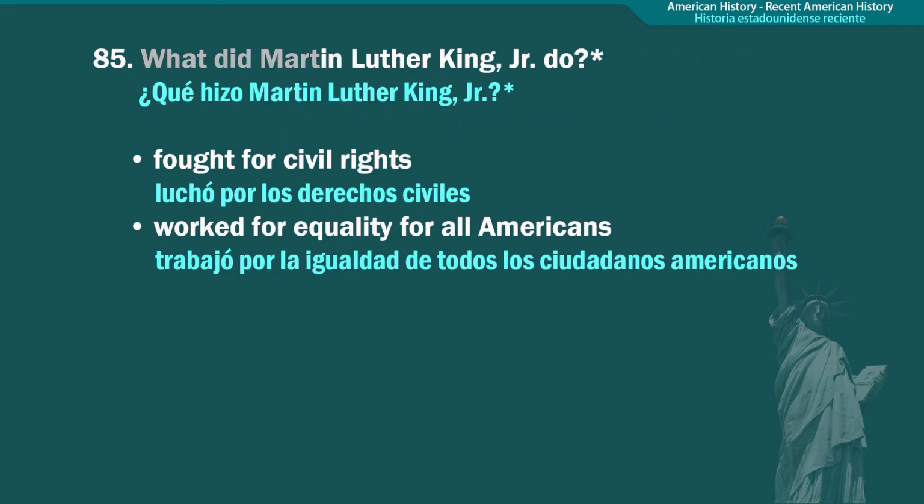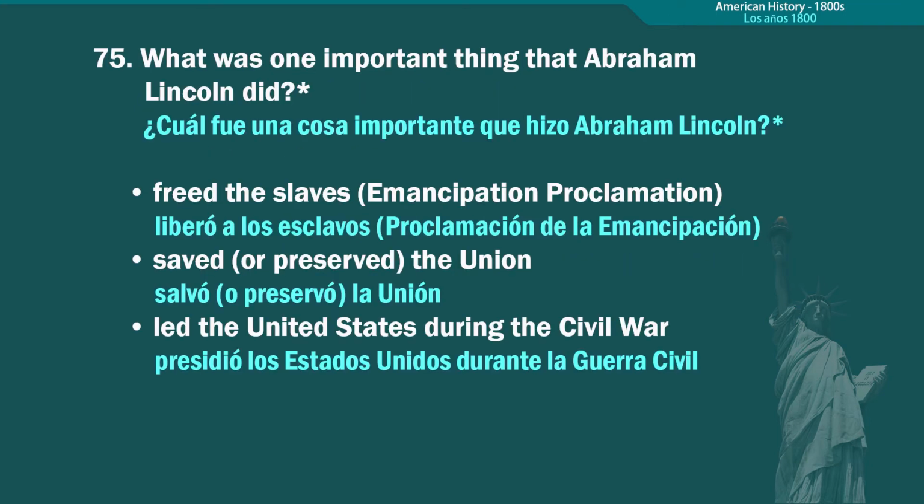What did Martin Luther King Jr. do? Fought for civil rights. Worked for equality for all Americans. What was one important thing that Abraham Lincoln did?